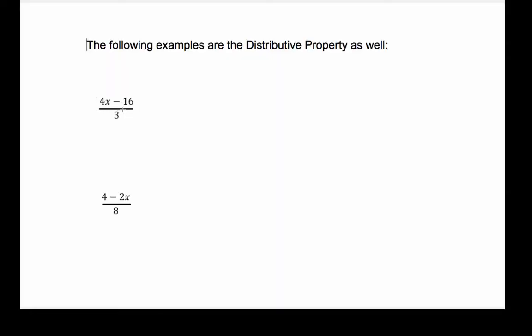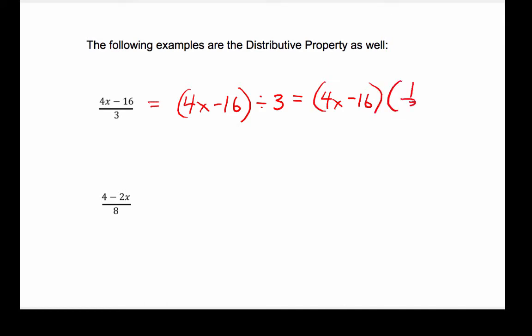But when we have this fraction bar, the fraction bar acts like a grouping symbol. So the way that we can think about this is really 4x minus 16, that quantity, divided by 3. And that's not that useful, but what we can do is say, all right, well, division by 3 is the same as multiplying by 1/3.